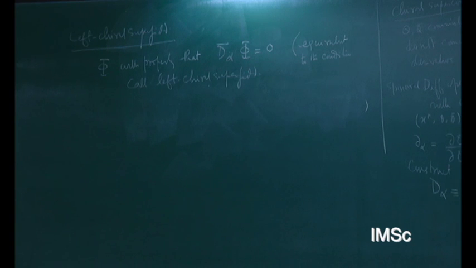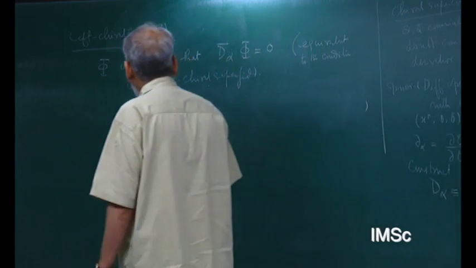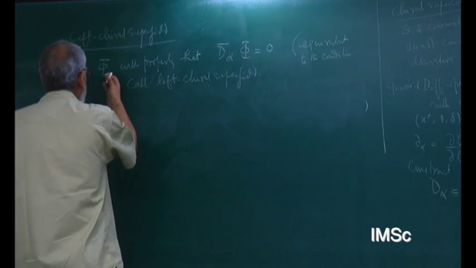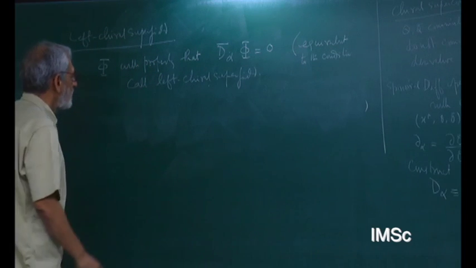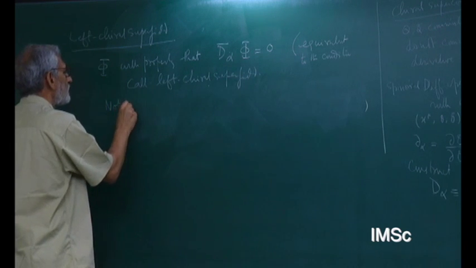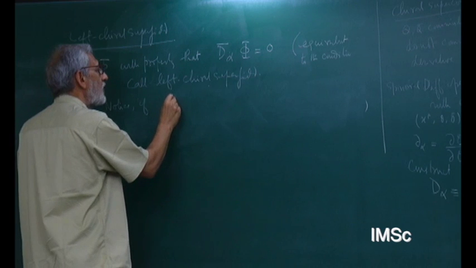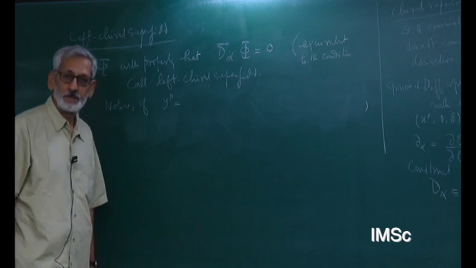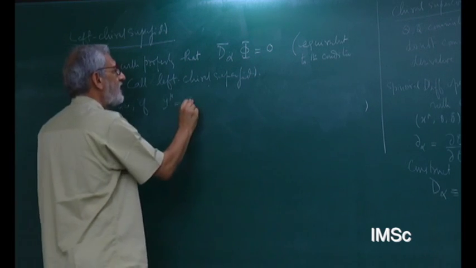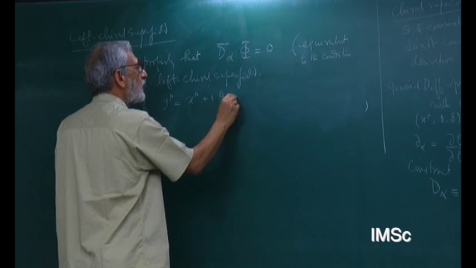Now, how do I construct this? To construct this, notice that I introduce an object called y mu, which is x mu plus i theta sigma mu theta bar.